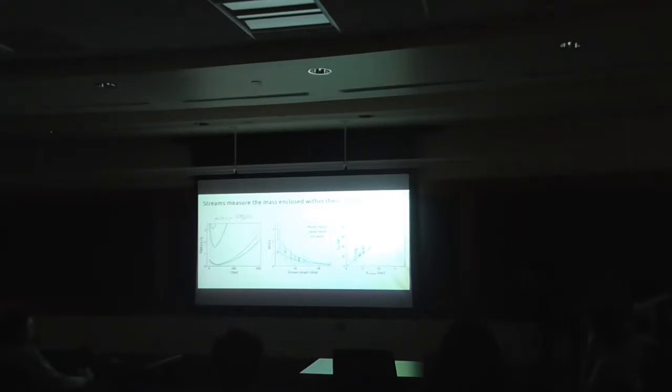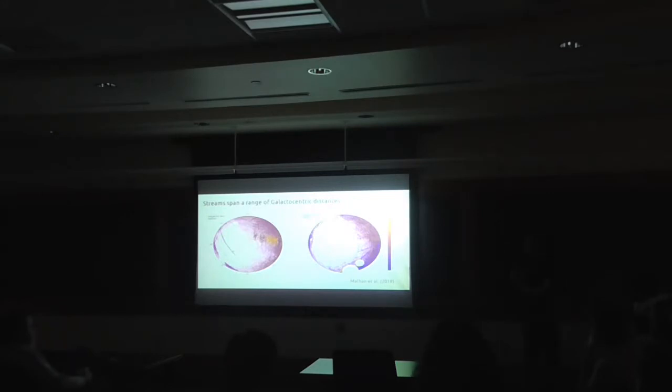And with the new data from the survey, and here also showing from Gaia on the whole sky, we do have streams that are at different locations in the galaxy and also at different distances. So the color coding here is by distance. The yellow stars are much more distant, and the purple ones are around 10 kiloparsecs from us.